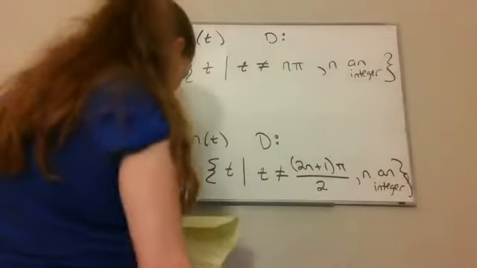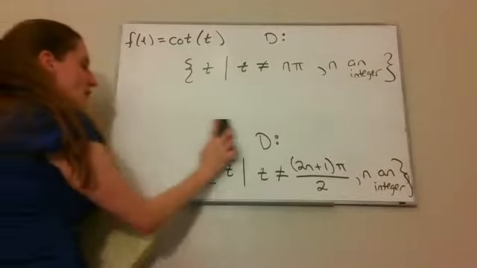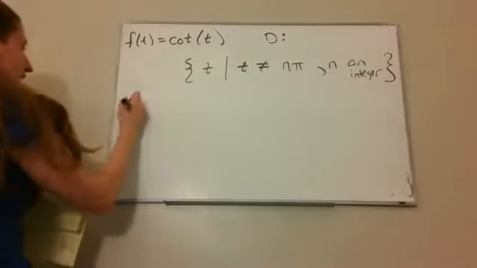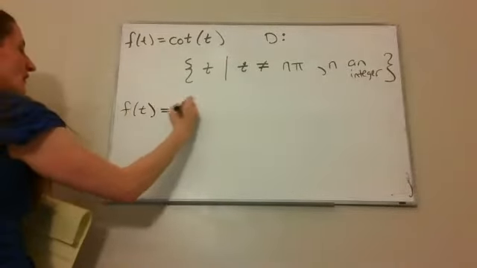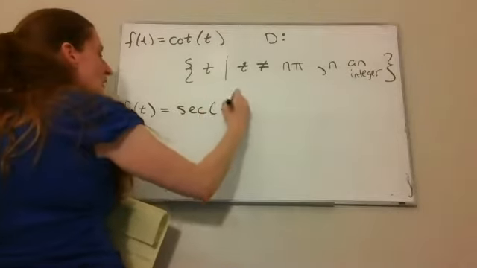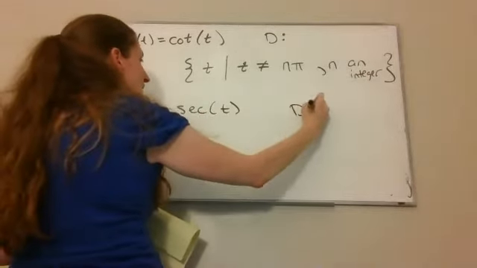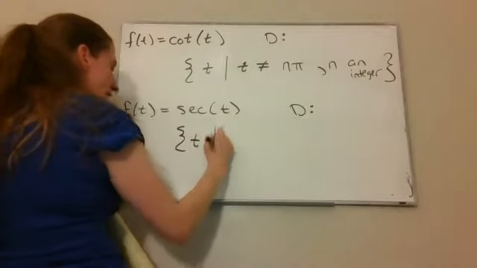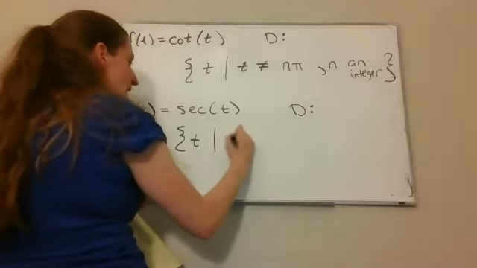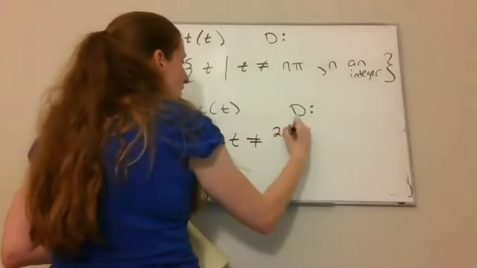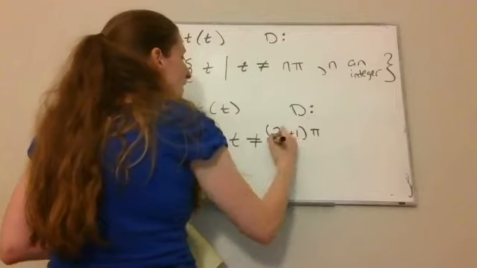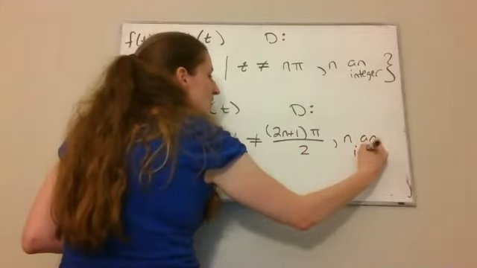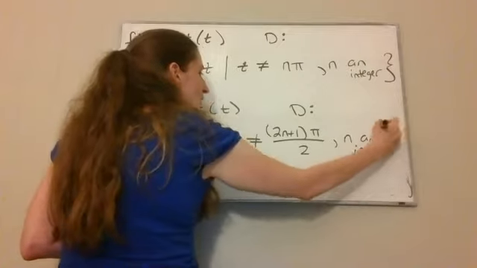My secant and my cosecant are very, very similar to these. For my secant, remember secant is 1 over cosine. So I need my cosine to not be 0. So that's going to be just like my tangent's domain. I cannot have odd multiples of pi over 2. But every single other number is okay.